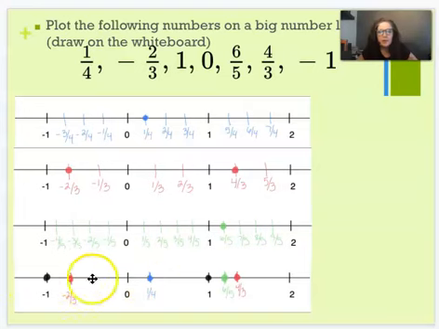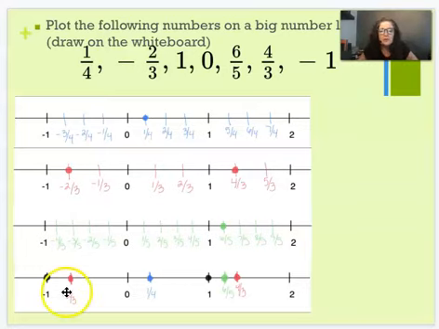So I put them all on a number line. Notice I don't have all my tick marks labeled. Normally I would say you have to label all your tick marks. But in this case, since these denominators are so different, it would be very time consuming to put in the tick marks that are necessary to have all the same ones.